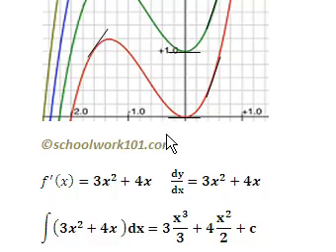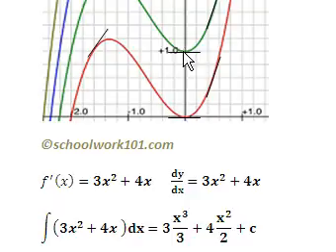Now let's go back to the graph. So this graph is the x cubed plus 2x squared plus c. Now in this particular case, c happens to be 0. It's crossing right here where x is 0 and y is 0. And then if we were to shift the graph up 1 unit, c would be a 1.